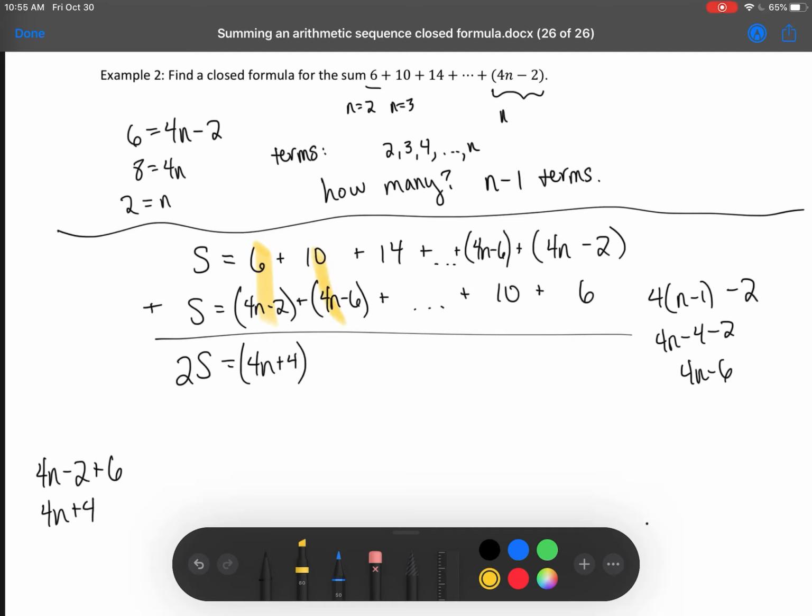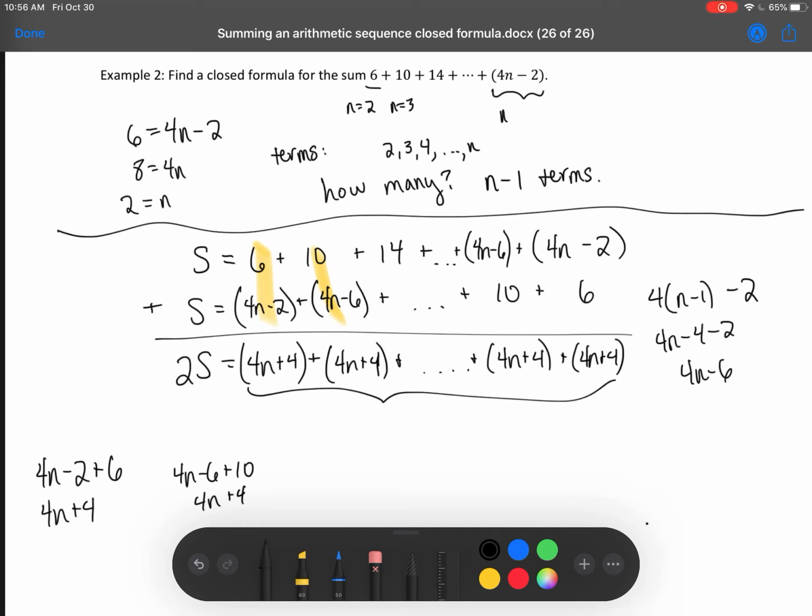Okay, and I'm just going to put that in parentheses to make it look a little bit neater. They're not strictly necessary. But then when we add the next column, we get 4n minus 6 plus 10, which is, again, 4n plus 4. Okay, and then I'll let you check that when we keep doing that, we're going to end up with 4n plus 4 a bunch of times.